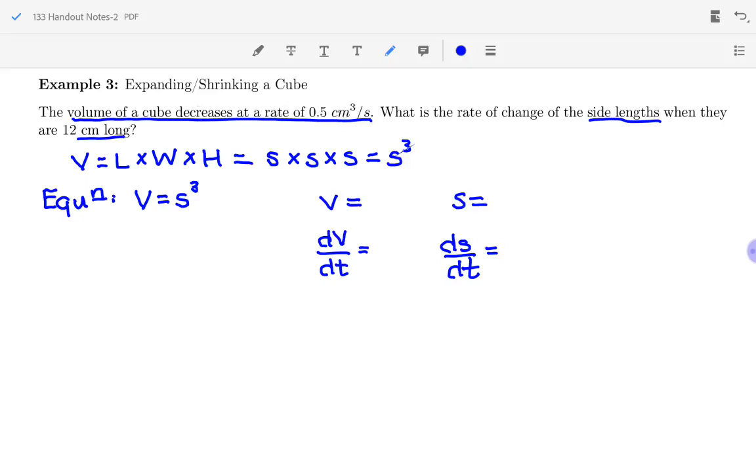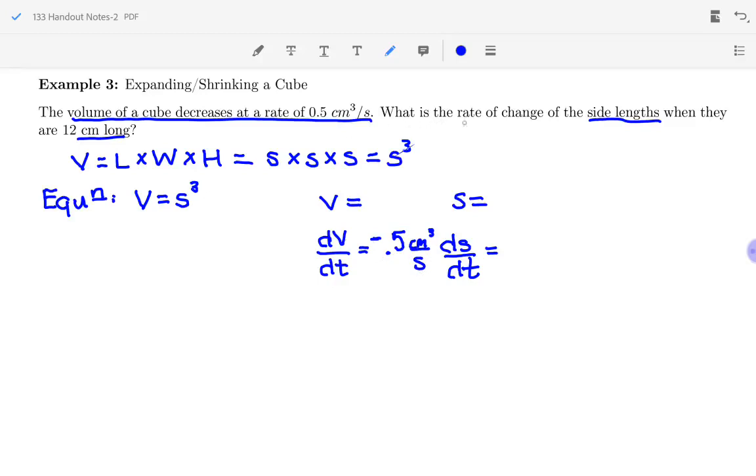There's lots of hints that this must be dV dt, not just V. It's 0.5 centimeters cubed per second, and it's decreasing, so the derivative should be negative. dV dt is negative 0.5 centimeters cubed per second.